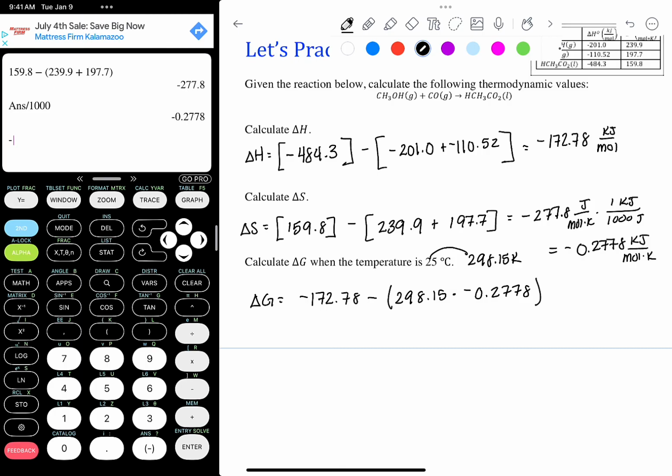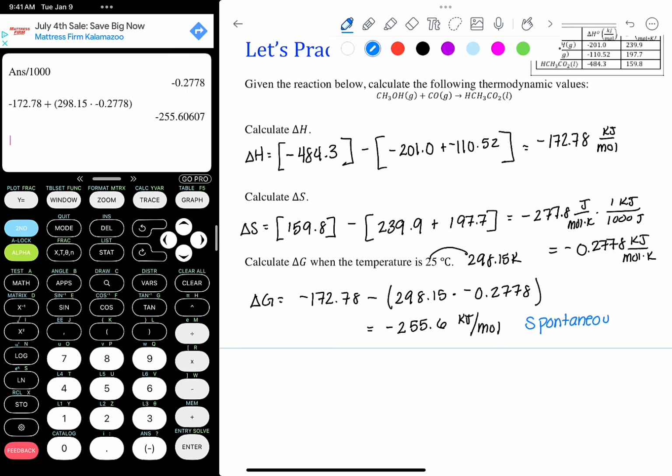So we get negative 172.78 minus 298.15 times negative 0.2778. We get a delta G of negative 255.6 kilojoules per mole. And since that is negative, this is then a spontaneous process.